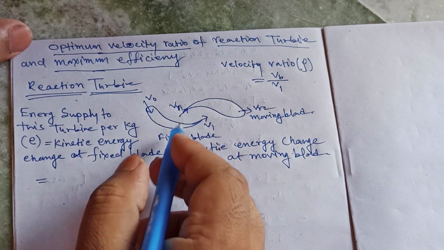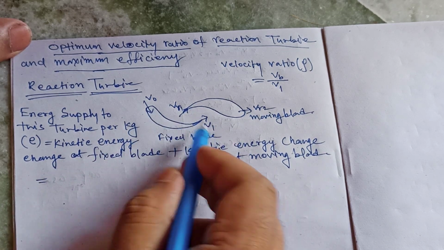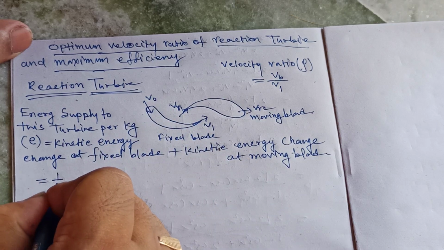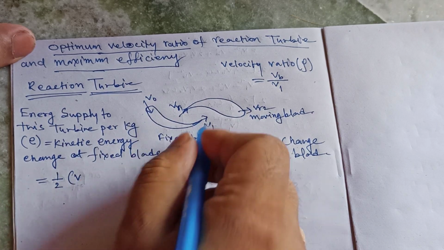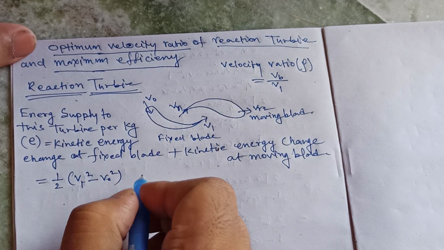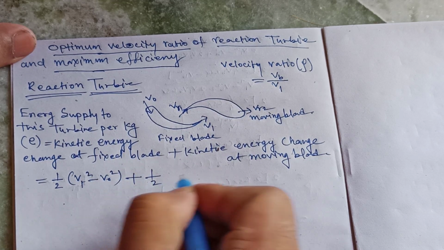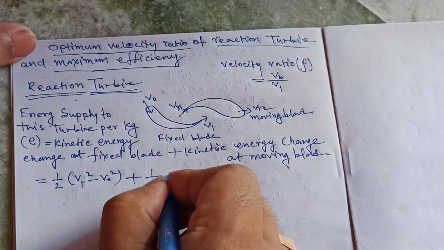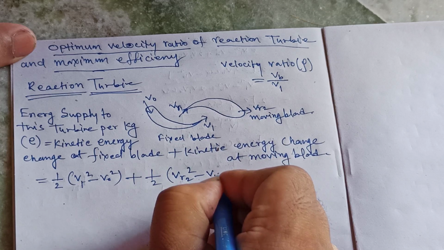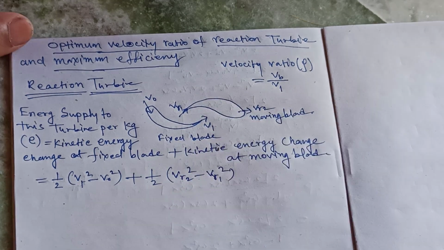This is kinetic energy change in this fixed blade. We can obtain this from these two values: half V1 square minus V0 square plus half, for this case, VR2 square minus VR1 square. Okay.